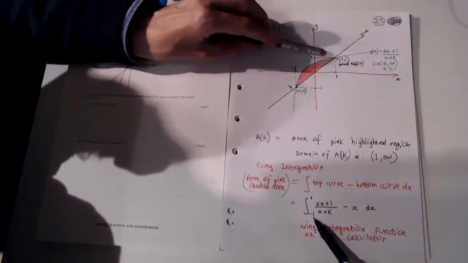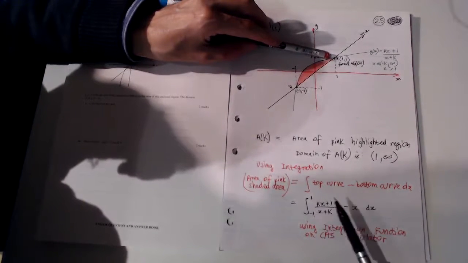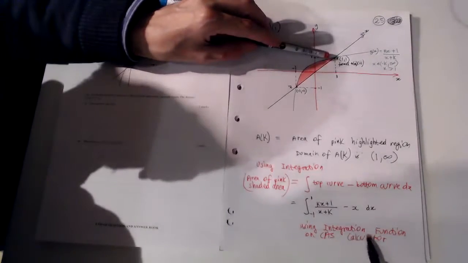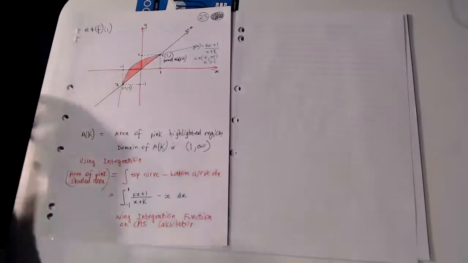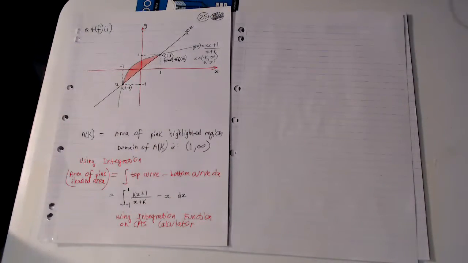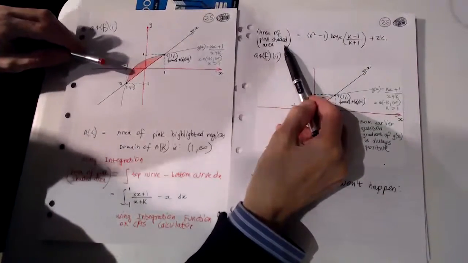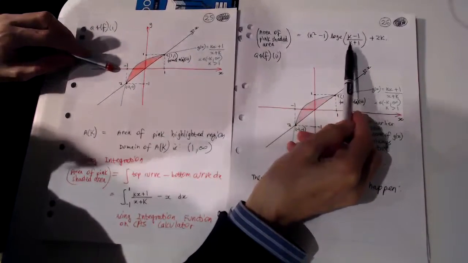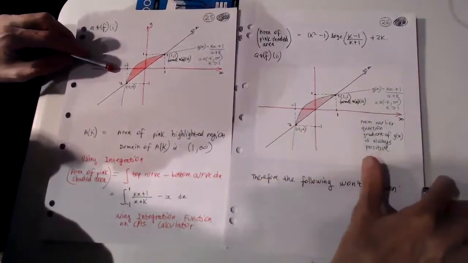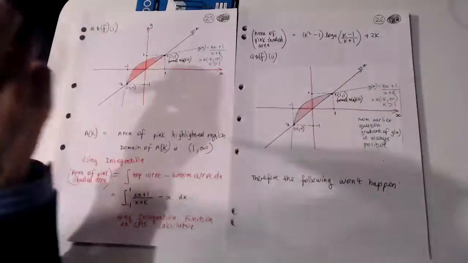And we know that that point there, which is the upper terminal, is x equals 1. Now, then, using the integration function on the CAS calculator, what do we get? We will get the following, that the area of the pink shaded area is equal to (k squared minus 1) log e of (k minus 1) on (k plus 1), plus 2k. And as a result, we have answered question 4F part 1.